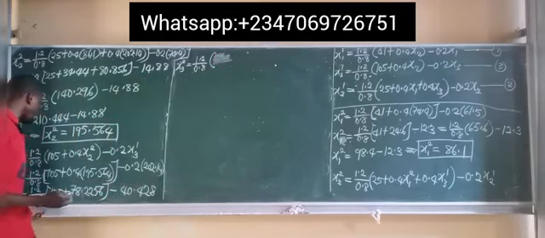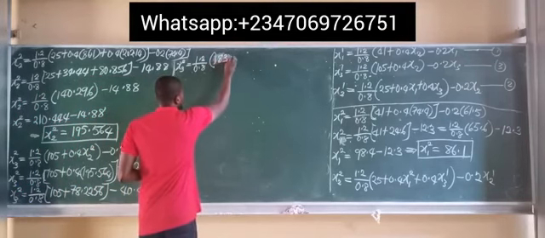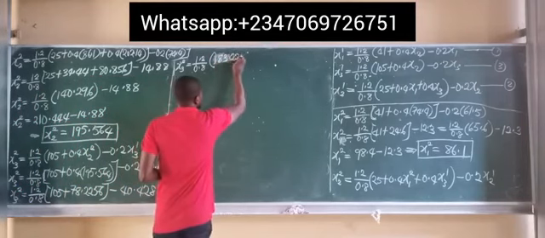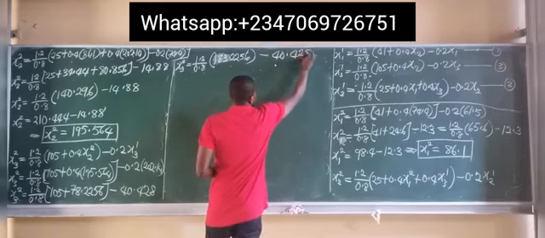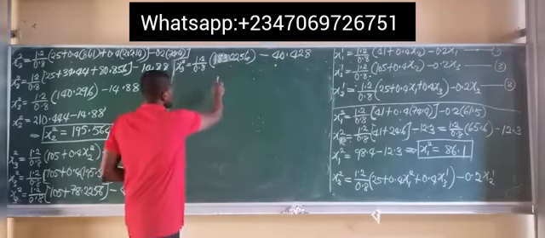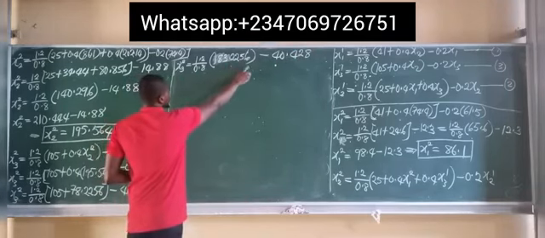That gives us 183.2256, minus 40.428. All right, so we evaluate this now: 183.2256 multiplies 1.2 divides 0.8.